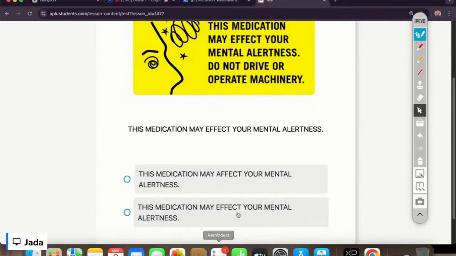So instead of effect, the medication may affect your mental alertness. You say the medication affects your mental alertness.